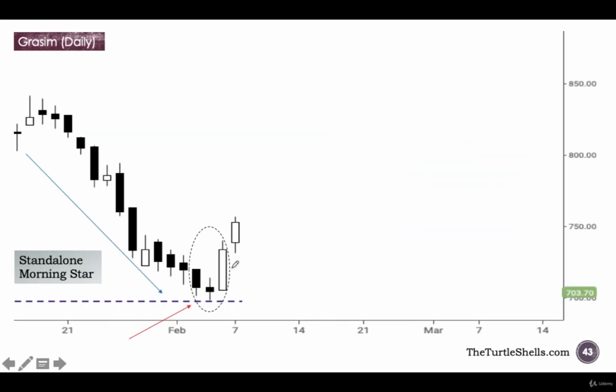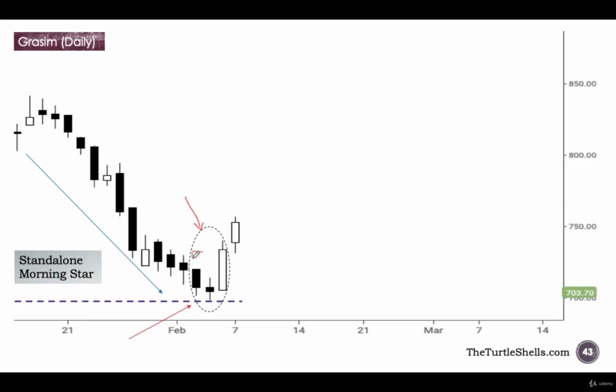Now there are a lot of problems with this Morning Star. First of all, I would think twice before calling this a Morning Star. There are reasons for this. First, ideally in a Morning Star, I would like to see a tall black candle. So we want to see the bears completely in action.